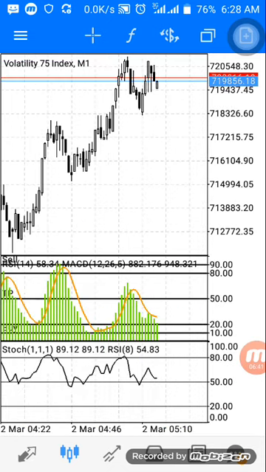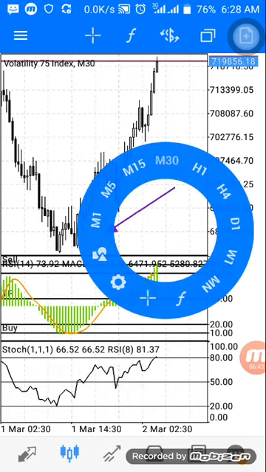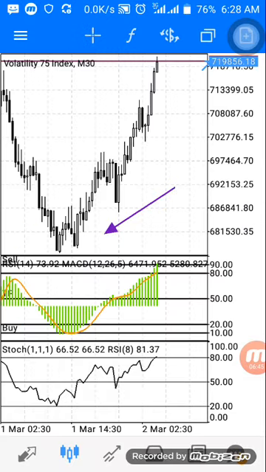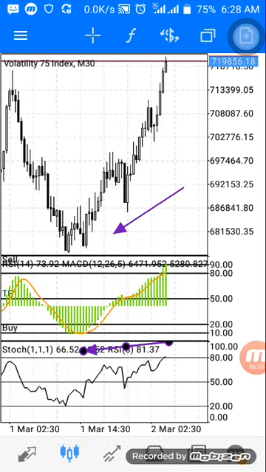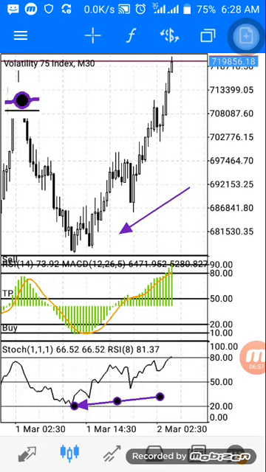Let me use an arrow to show you the entries and exits. Now the first entry is when this RSI is touching level 20. The RSI should be touching level 20 for a buying opportunity. You see that it touches level 20.